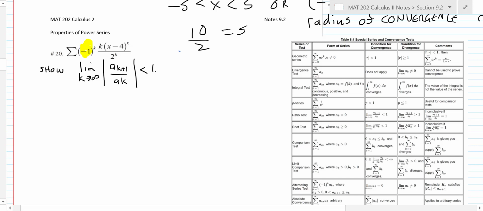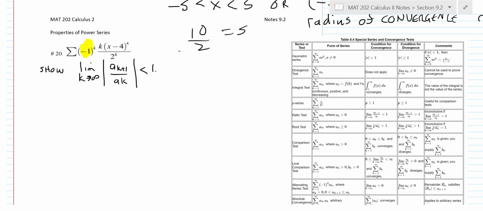Now we're doing an absolute value because we're looking at absolute convergence, and that's defined to be less than 1. And then we end up at the end of the problem finding an interval, so we end up solving an absolute value inequality. So that's kind of how you can remember to do that correctly then.